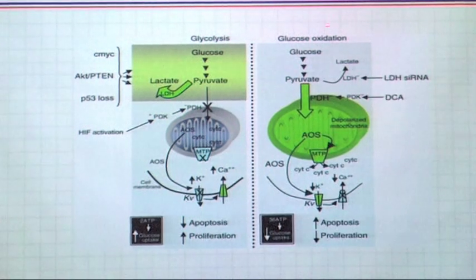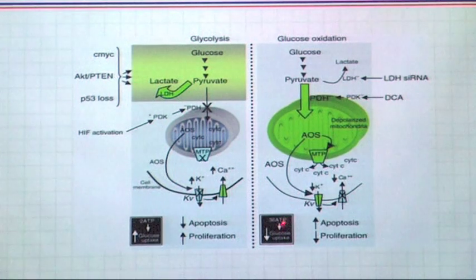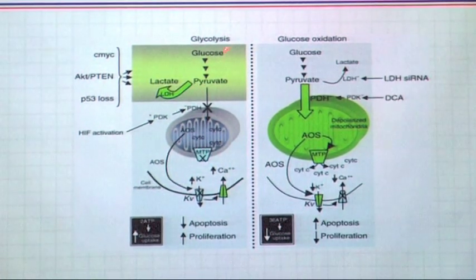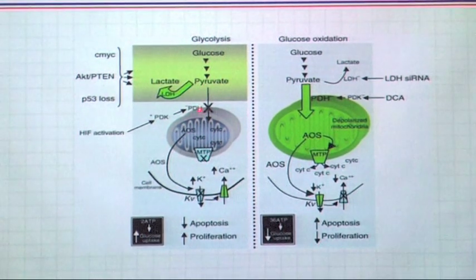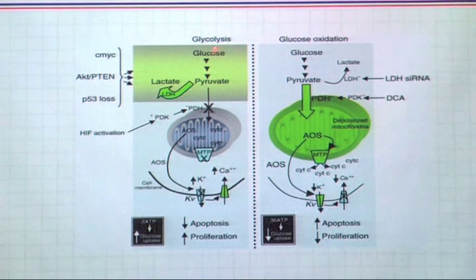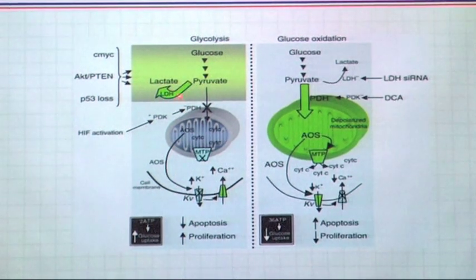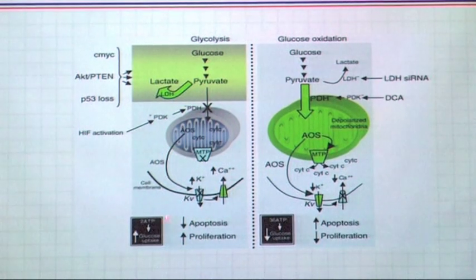Under normal conditions, one glucose molecule is converted to 36 ATP molecules. If the glucose metabolism is disturbed because this enzyme is blocked, then we don't form pyruvate, we form lactate. And from lactate formation, the cell produces only 2 ATPs.